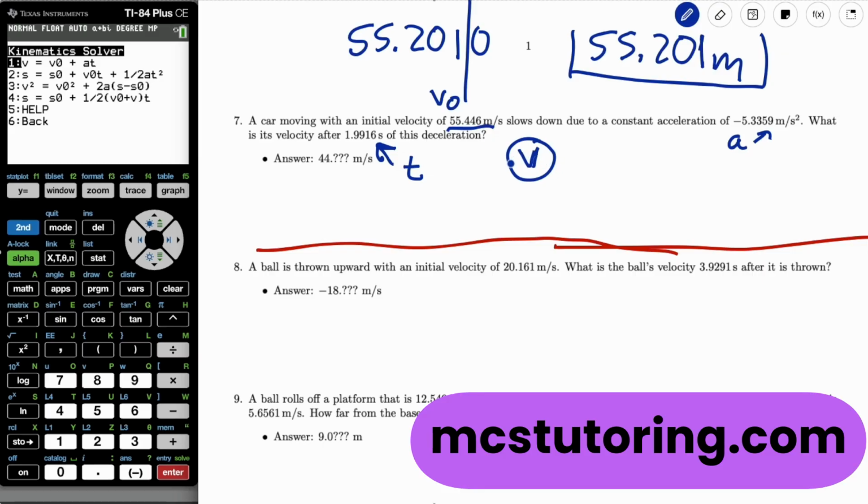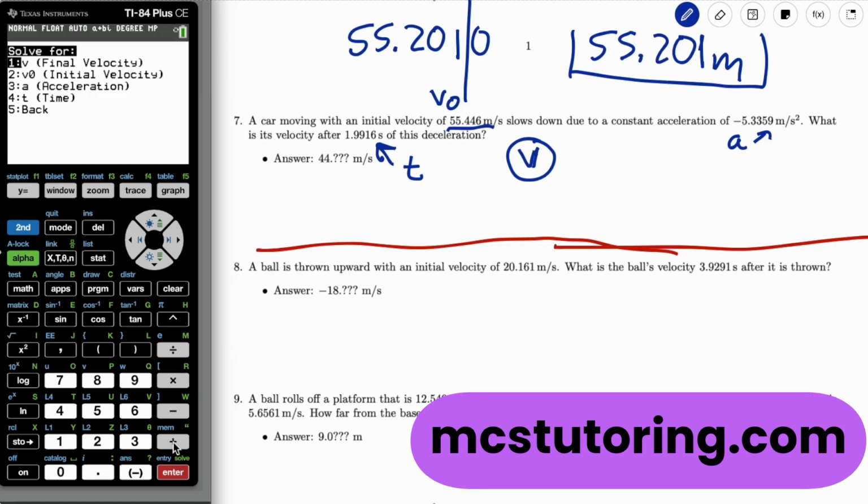So what are we looking for? We're looking for V, and then we've got a V initial, an acceleration, and a time. So that's cool. Looks like we've got that in option 1. We're looking for V, the final velocity. So initial velocity is 55.446. I'm just being slow because I have to be careful, man. The acceleration is negative 5.3359.